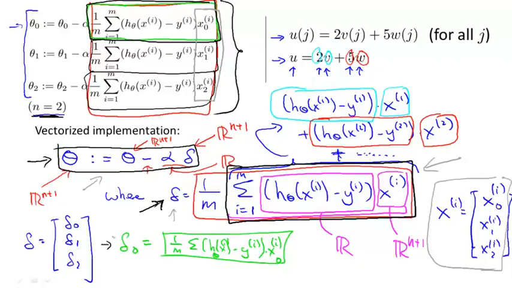And finally, if you are implementing linear regression using more than 1 or 2 features, sometimes we'll use linear regression with tens or hundreds or thousands of features, the vectorized implementation will usually run much faster than if you had, say, your own for loop that was updating theta 0, then theta 1, then theta 2 yourself. So using a vectorized implementation, you should be able to get a much more efficient implementation of linear regression.